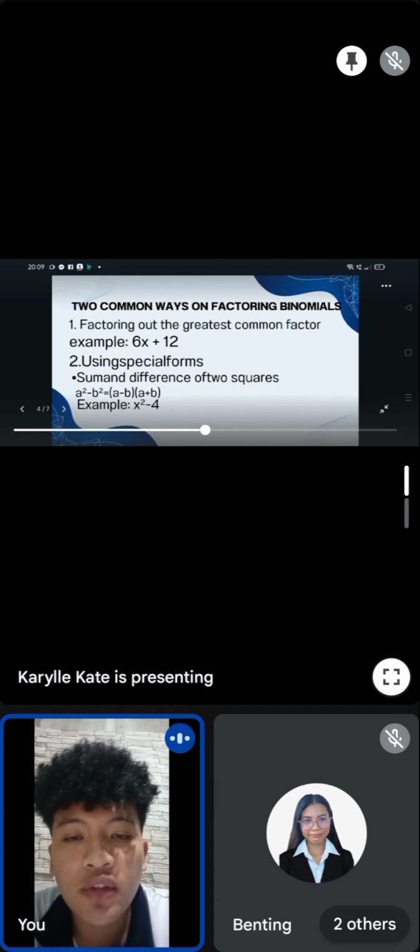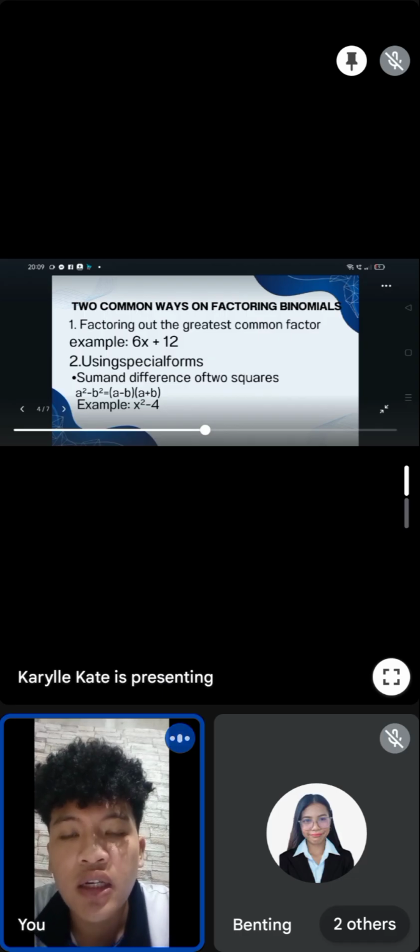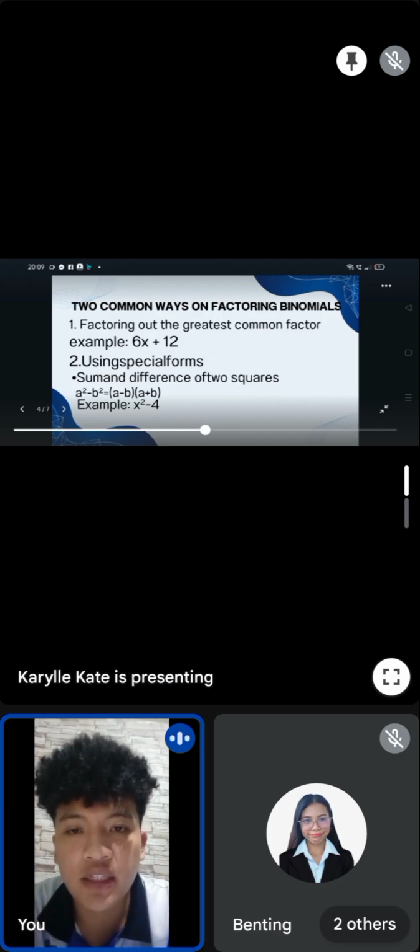It has a formula of a squared minus b squared is equal to a minus b times a plus b. Our a here is our first term, and our b is the second term.